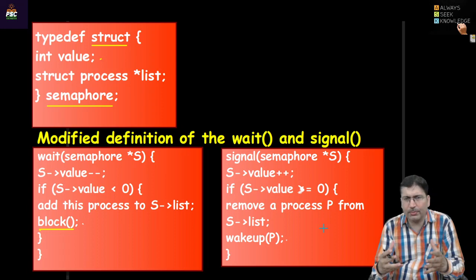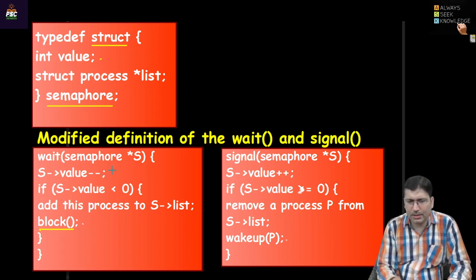I'm not going into the programming detail as of now, you just try to understand this logic. We do the programming in lab, so when I prepare the content for lab, I will elaborate the syntax. By utilizing this modified definition of wait and signal, we can avoid the busy waiting situation, right?